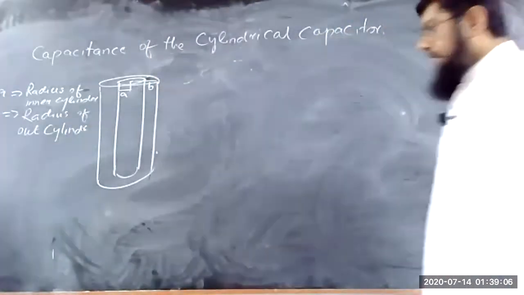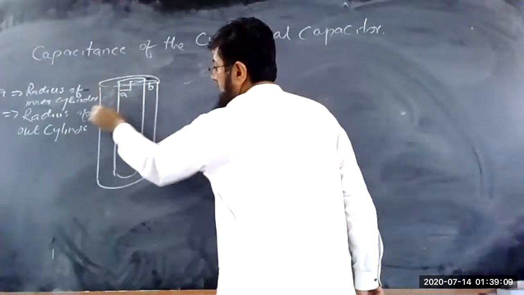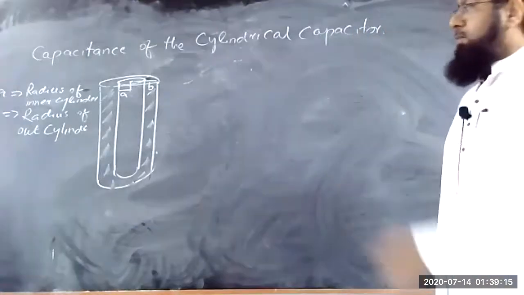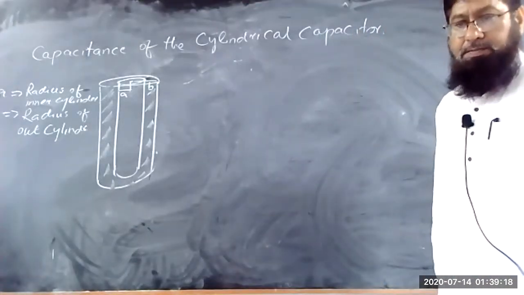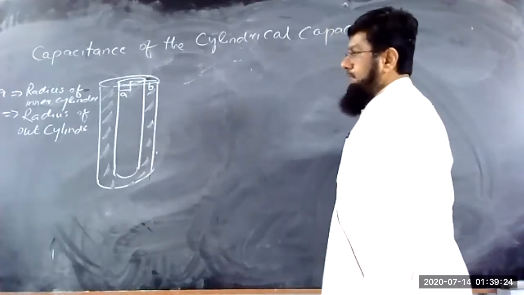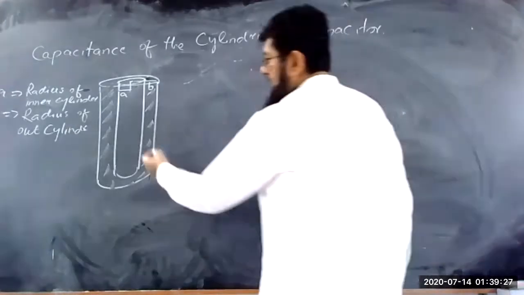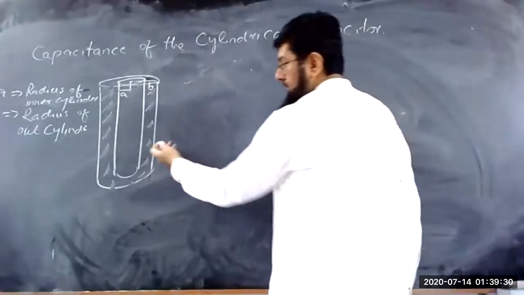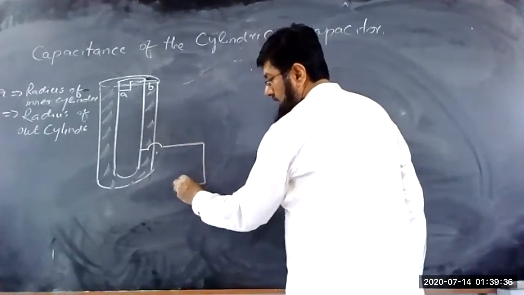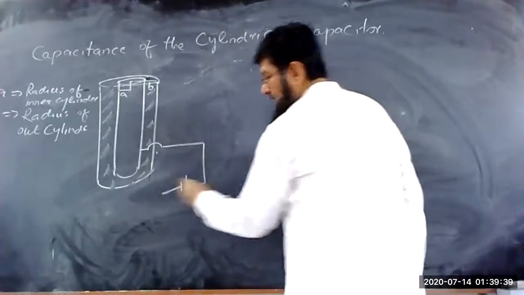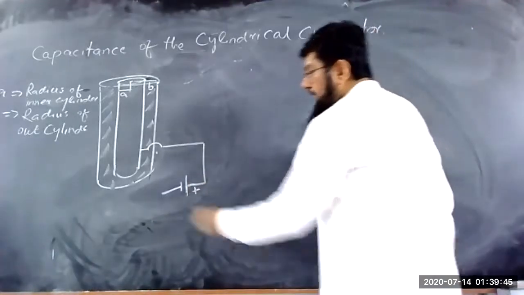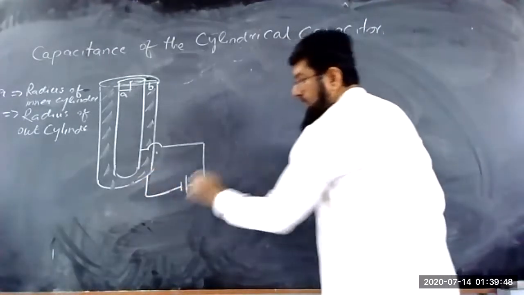If these two cylinders and the medium between them is any medium, इसके दरमियान में जो medium है वो air भी हो सकता है और कोई dielectric medium भी हो सकता है. यहाँ पे हम simple case कर रहे हैं if the medium between them is air. So if the medium between them is air, we have to look at what is the capacitance of this cylindrical capacitor. The inner cylinder is connected with the positive terminal, and this outer cylinder is connected with the negative terminal.